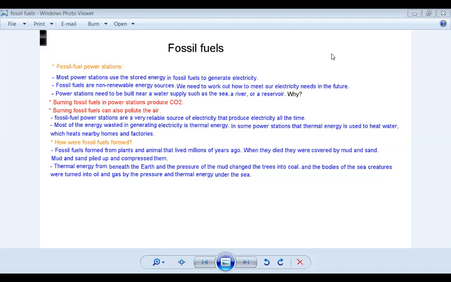Can you give me an example of fossil fuels? Or what are these fossil fuels? They're the fuels made from fossils. What are these fossils? Like when animals die, they rot on the ground. Yeah.